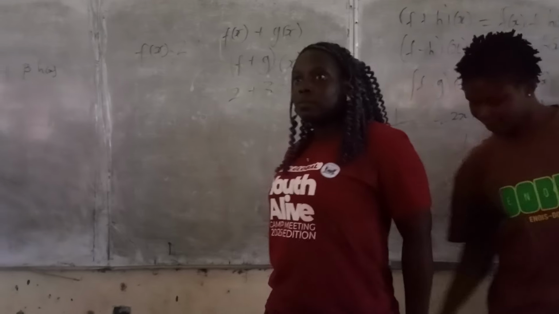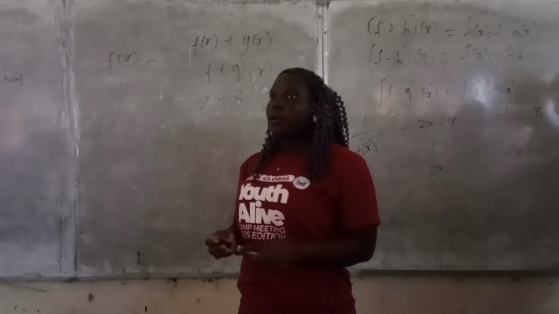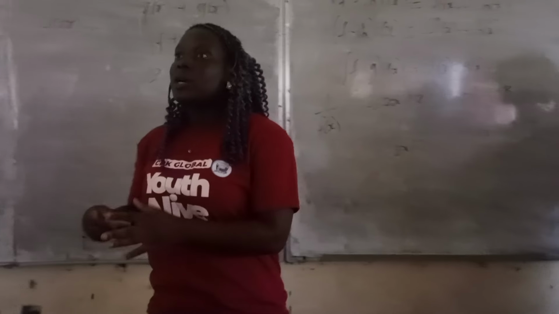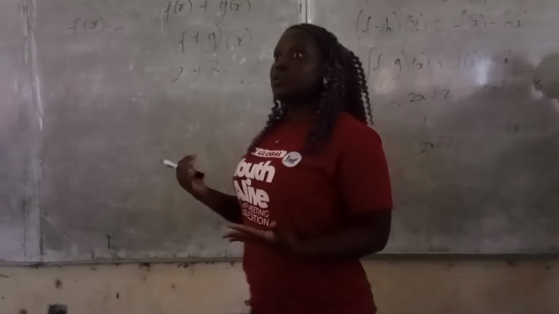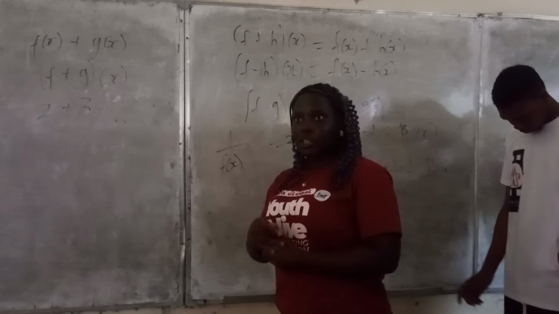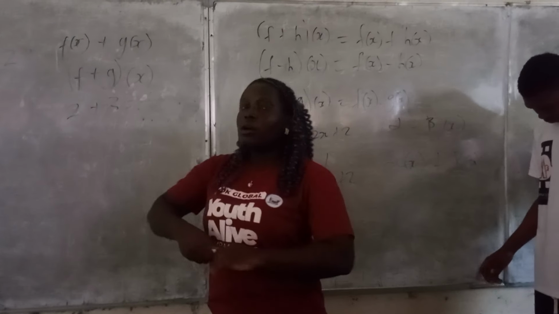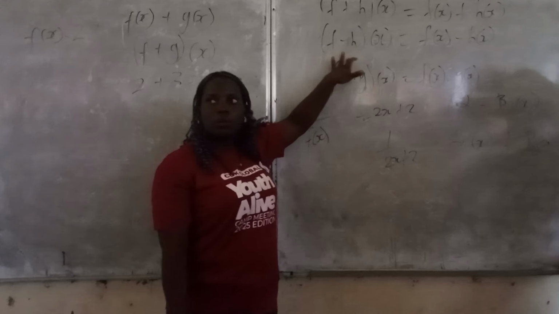Can you tell us all that you know about algebraic combination? Mostly, what I understood is the addition and the subtraction. Not algebraic equations, algebraic combinations of functions, yes? Algebraic combination is the addition and the subtraction.